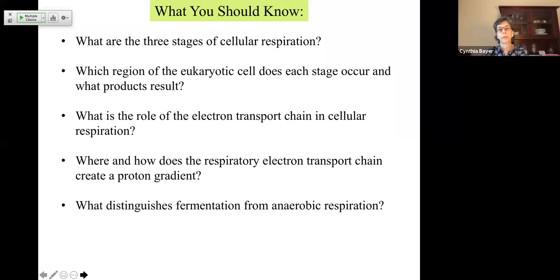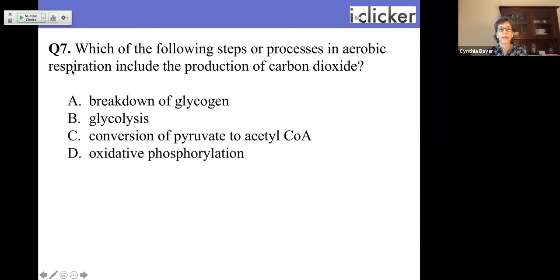So let's try to break it down to a couple of different types of questions, starting with really thinking about what's coming in, what's coming out. What is the overall yield of these different stages of respiration? For example, which of these steps or processes is going to produce carbon dioxide? Let's think about what carbon dioxide is.